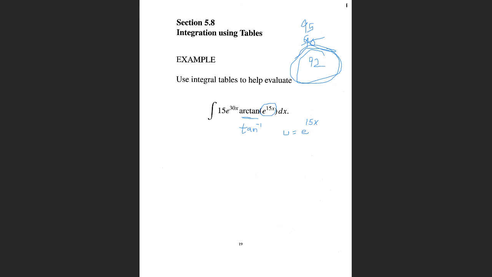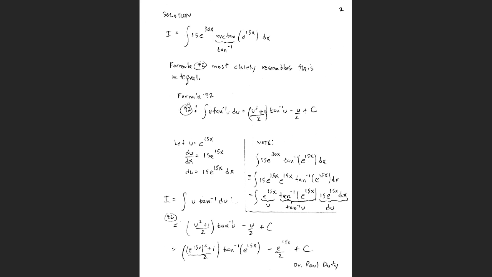Okay. All right, let's go to the solution. Now, I say right in the beginning, Formula 92 most closely resembles this integral, but actually you don't know that yet. I just say it so I can write the formula here.